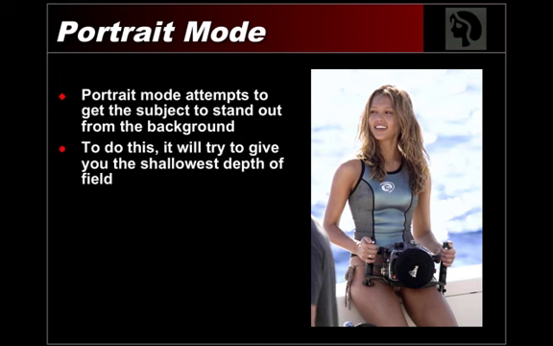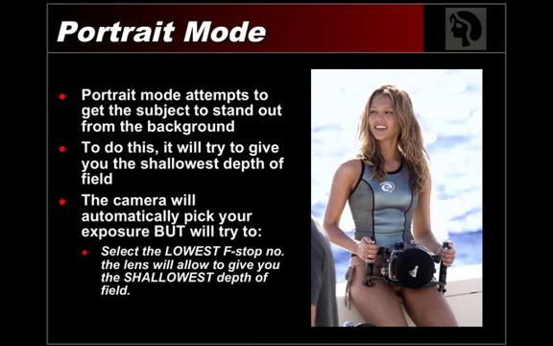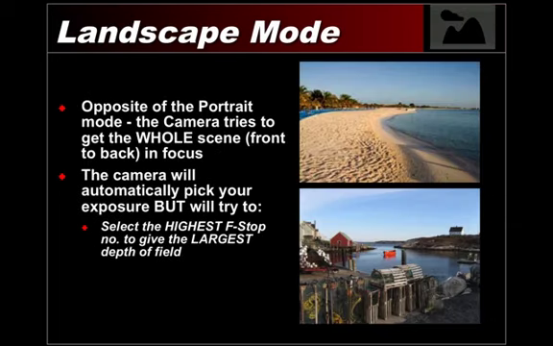This is really what you want to accomplish when you're using the portrait mode. The camera will automatically pick the exposure, but will try to select the lowest f-stop, allowing a lot of light to come through and giving you a shallow depth of field. Great for portrait work where you don't want too much distraction in the background.